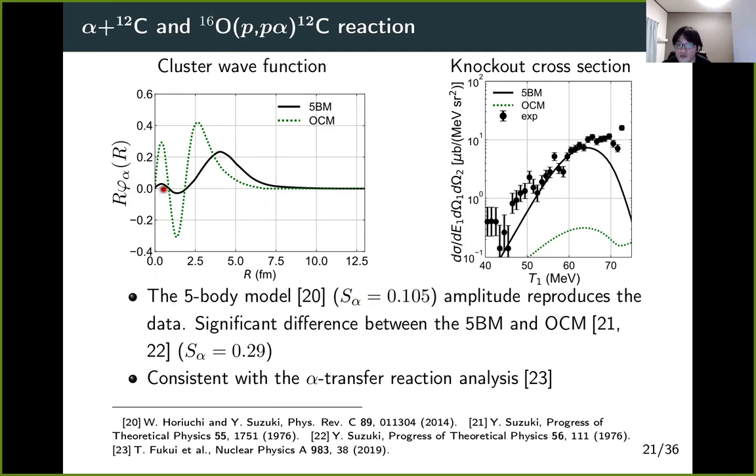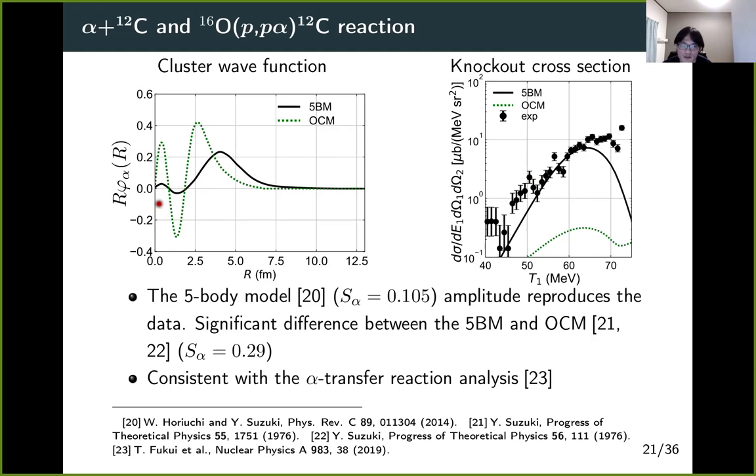If I use this cluster wave function, the cross section is like this, and I'd say it agrees well with the data. Another thing here is OCM, the orthogonality condition model. I'm not going into the detail, but this is a rather old framework, and the wave functions are rather compact, with large amplitude inside but a shorter tail.